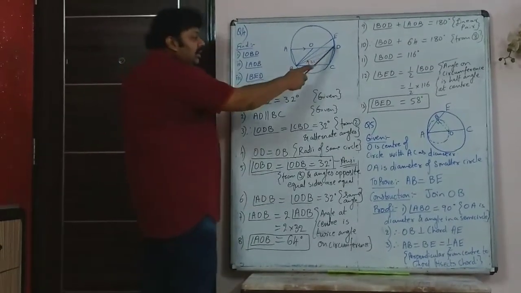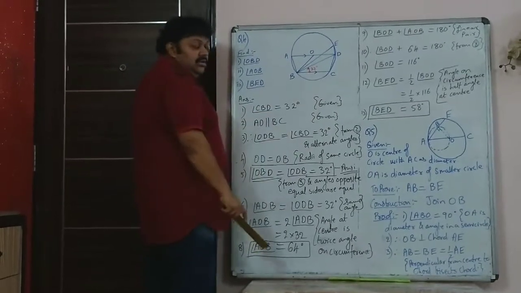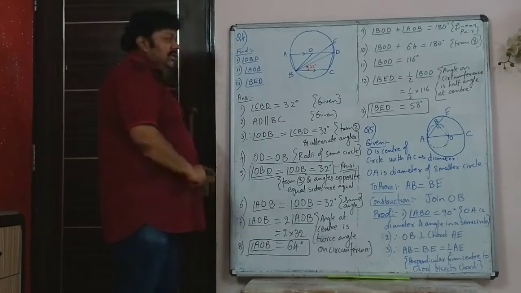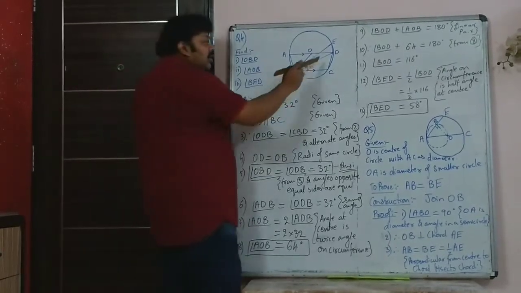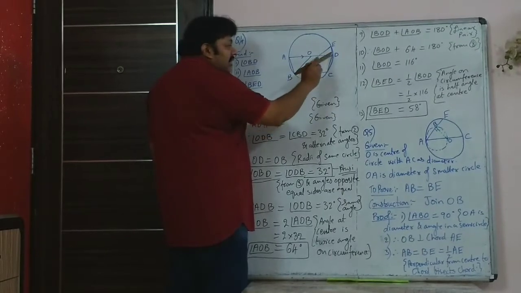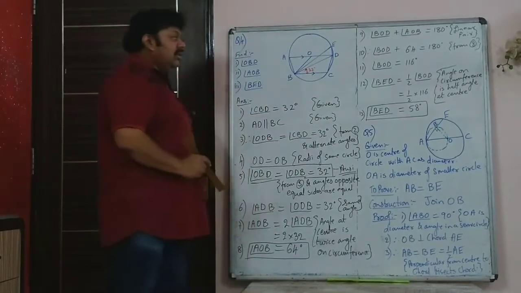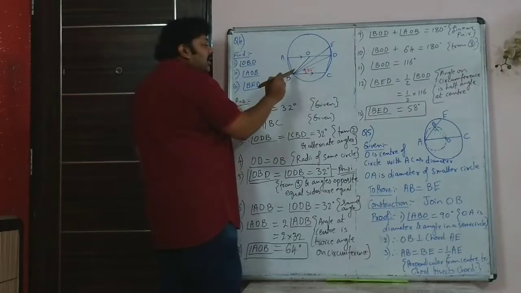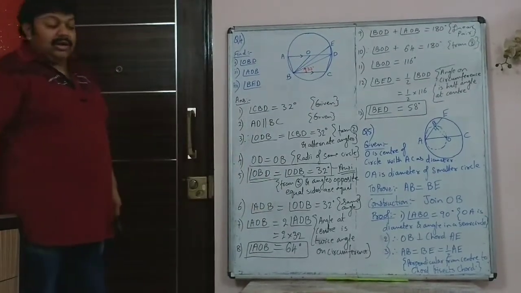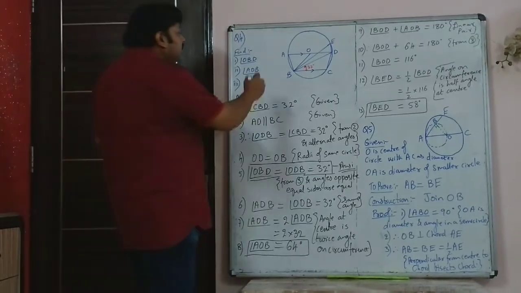You are given DBC is 32 degree and AD is parallel to BC. So now since angle ADB or DBC is 32 degree, so angle ADB and DBC will be equal. Why? Because they are parallel lines and alternate angles. So it is like this.